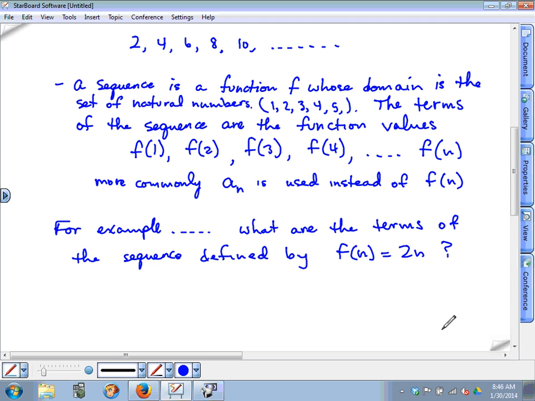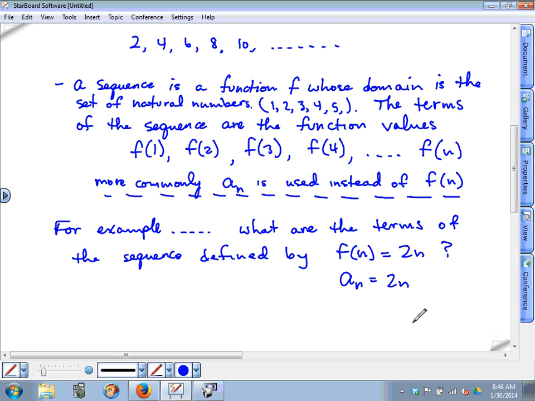F of n is equal to 2n. Now, this right here you need to pay attention to. More commonly, a sub n is used instead of f of n. So on your assignment in 12.1, they're not going to write the equation of a sequence in function notation. So this would be more likely written as a sub n equals 2n. A sub n equals 2n is how you're more likely to see that written.